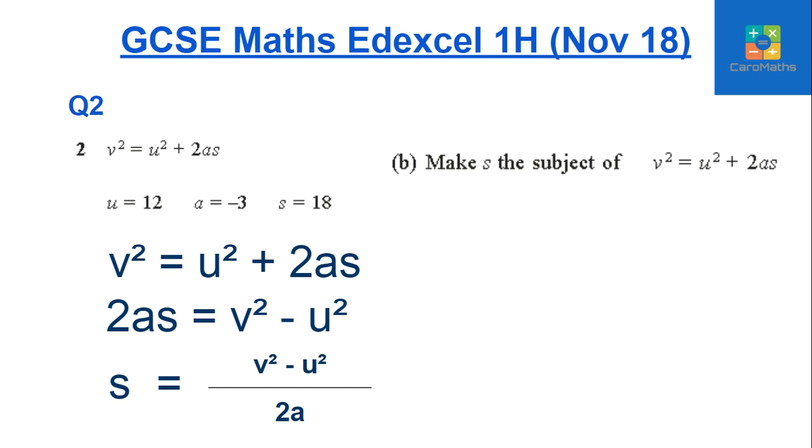The examiner report noted that most students were able to score at least 1 mark for a correct first step, but then students didn't really know how to deal with the 2as, so that you needed to divide by 2a, so they didn't get any further marks.